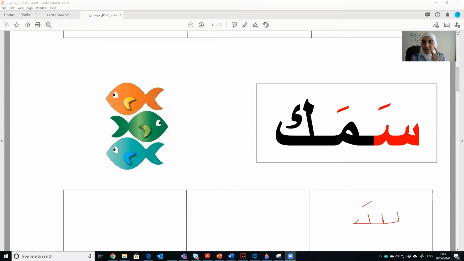So this form has one hand to connect with the letter after. Ma. So the next letter is ma. Sa, ma, and the last one is this one. Samak.